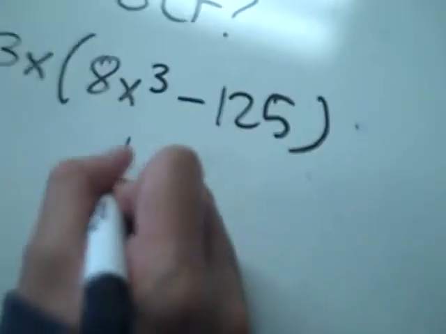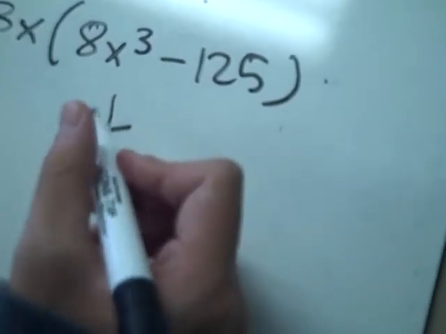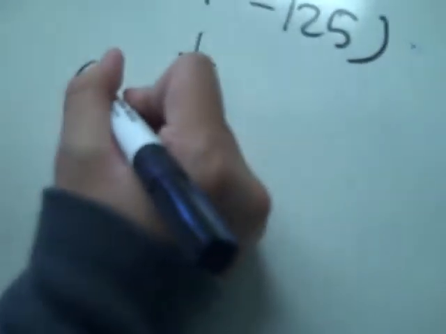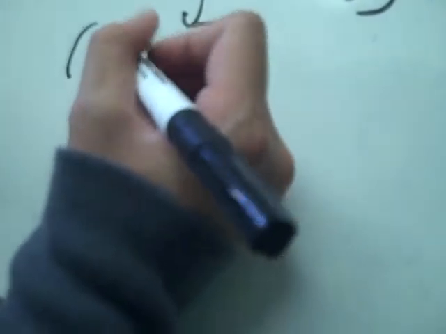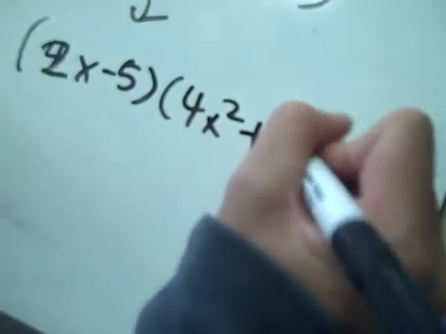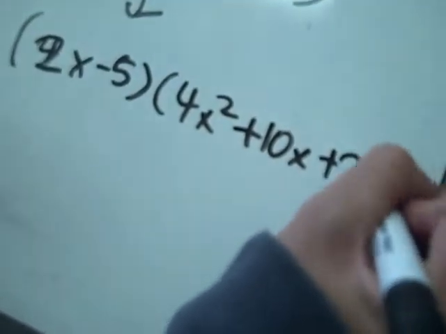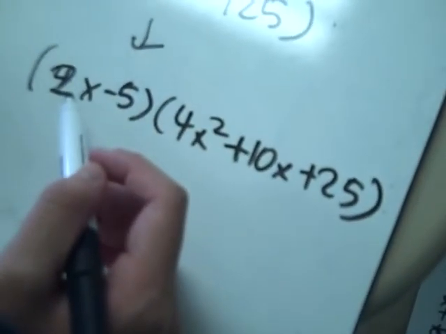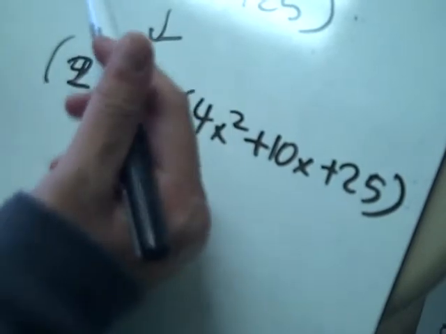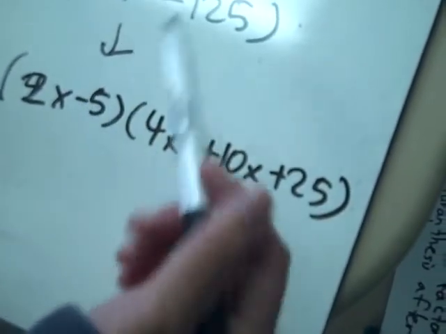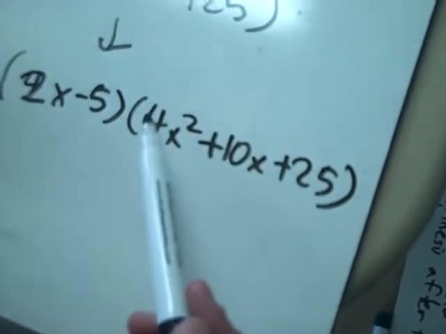Then you continue to factor this, and this is factoring of cubes. So this equation would be 2x minus 5 times 4x squared plus 10x plus 25. You plug in your a and b values because 2 cubed is 8 and 5 cubed is 125.